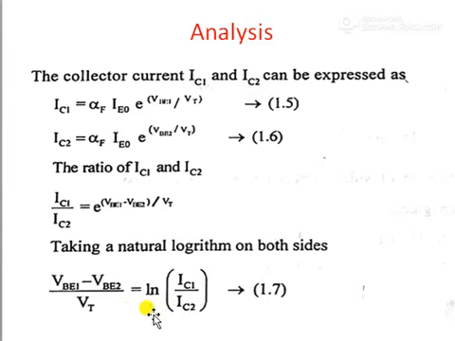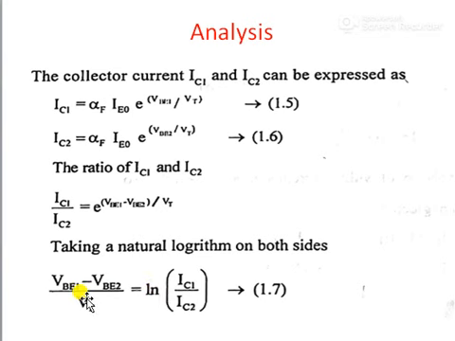Cross multiplying, we have VB1 minus VB2 equal to VT into natural logarithm of IC1 by IC2. This equation will be used in the further analysis.